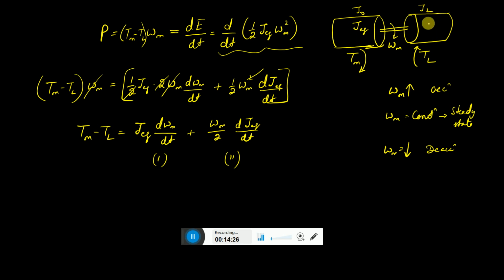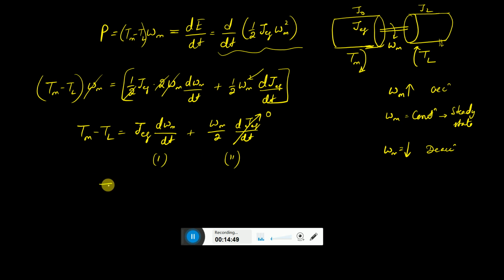But if the load is changing with time, for example there is a flow of water, suppose you are taking a tanker and water is coming out of the tank continuously, then there is a change in the inertia. So for example, if the load is constant, this term will be 0.